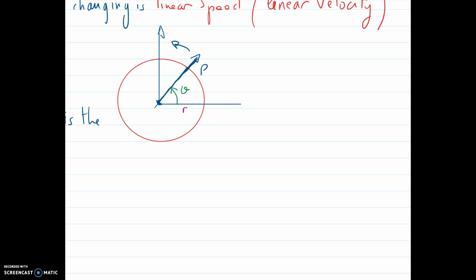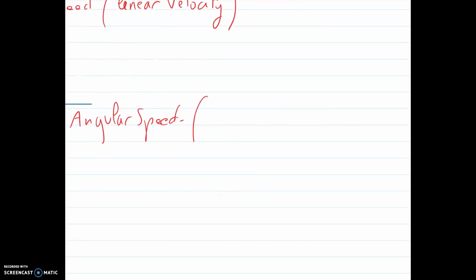Let me write angular, or we also call it angular velocity. Alright.